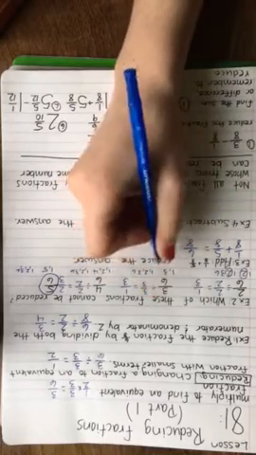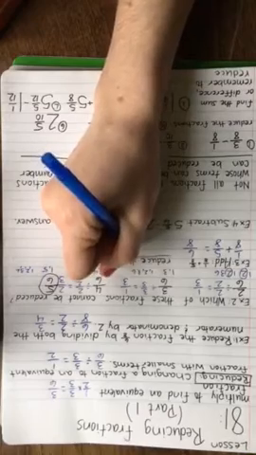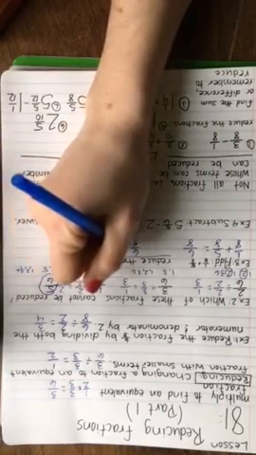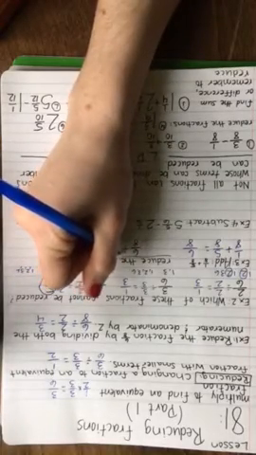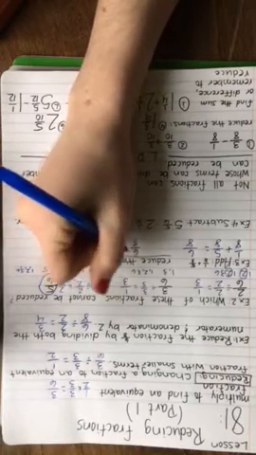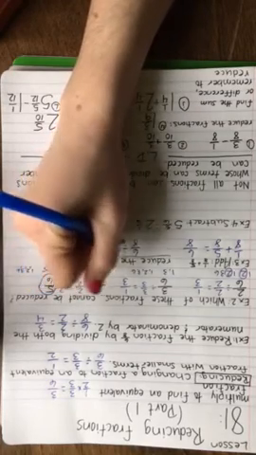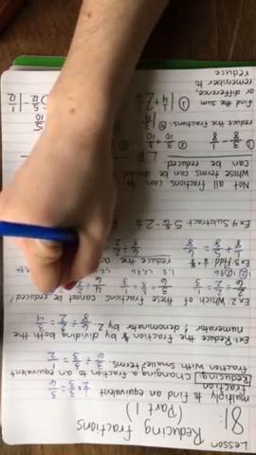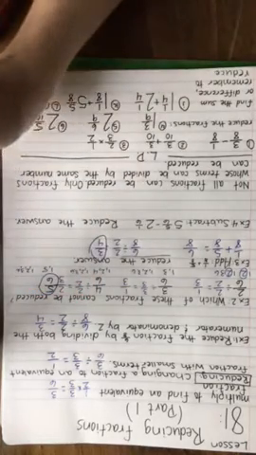And then we've got to reduce the number. 6/8 can be reduced by 2, which can go into both of those. So divided by 2 over 2, 6 divided by 2 is 3, and 8 divided by 2 is 4. So your answer is 3/4.